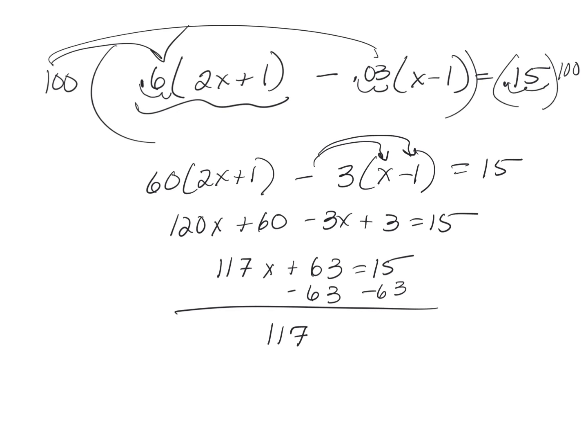117x equals 63 minus 15, 48, and then divided by 117.